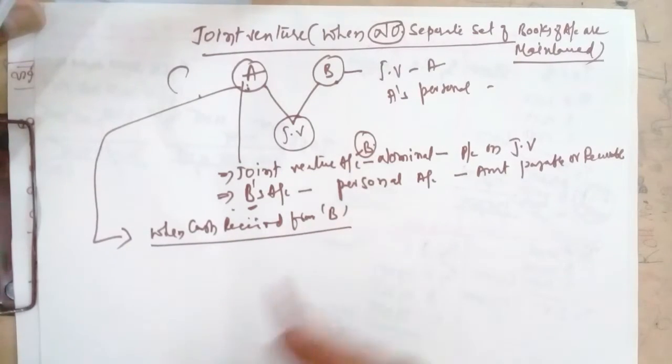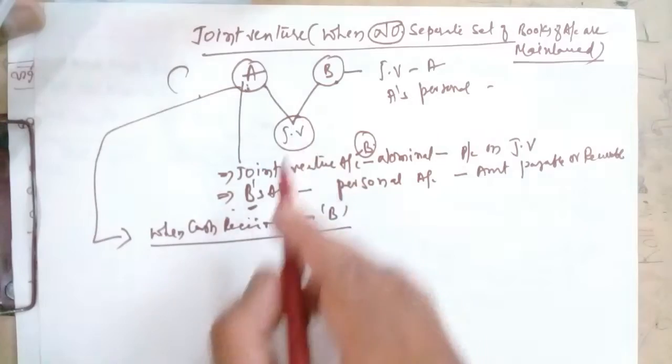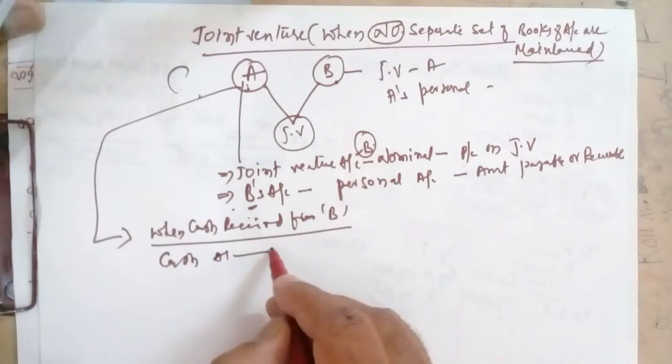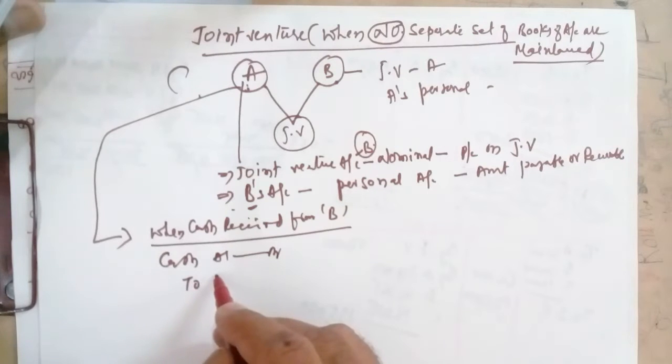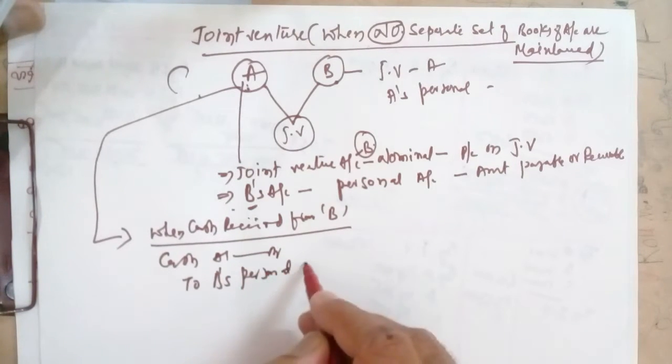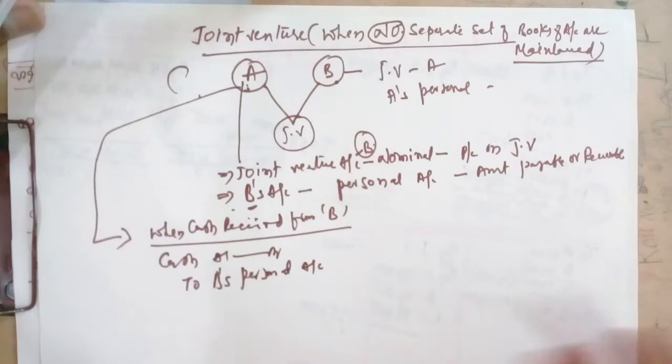In this situation, A will write in his books of account: Cash account debit to B's personal account, that is, B's account. Clear?